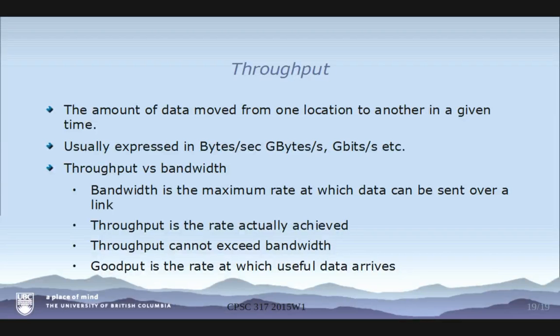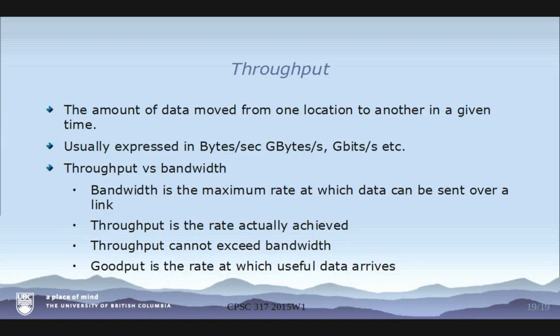We actually have a number of different things with respect to throughput. We have something called bandwidth, which is the maximum rate at which data can be sent over a link. For example, that might be 10 gigabits per second. Throughput is the rate that you actually achieved. When we did that with the wireless one, I sent 1,000 bytes in a packet, I can compute what my throughput was.